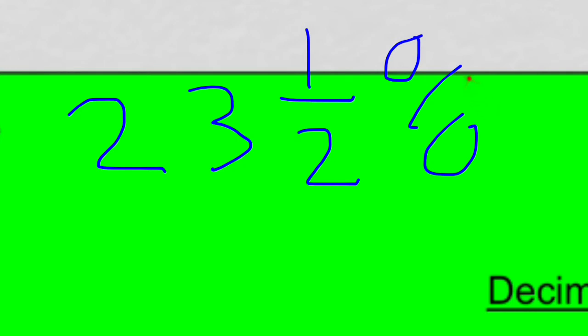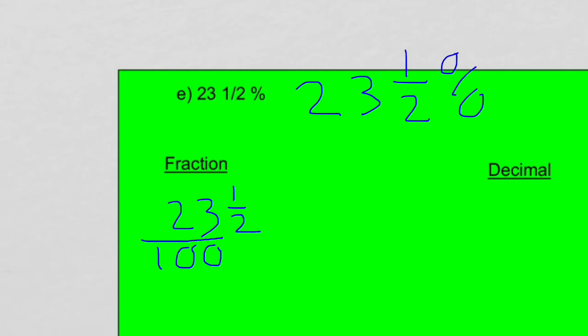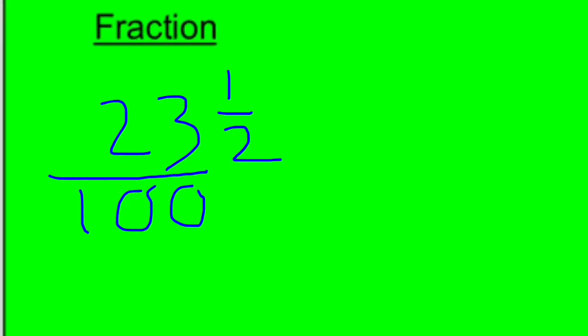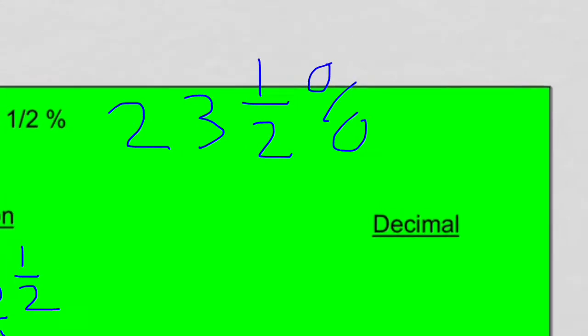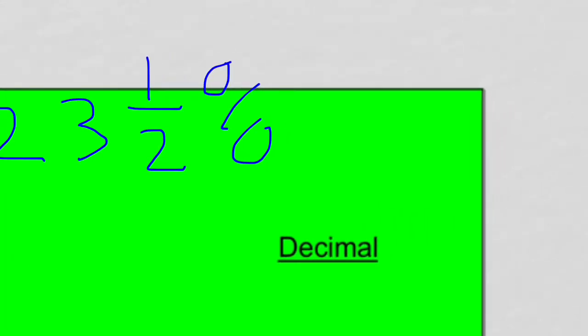If there is no percent symbol there, then yes, that is in fraction form. But it is a percent that has a fraction in it. And that's tricky to wrap your mind around. So this is correct to say 23.5 out of 100. It's just not the correct form. So what we want to do is hopefully we recognize that this 0.5%, that's the same as saying 0 5/10%.